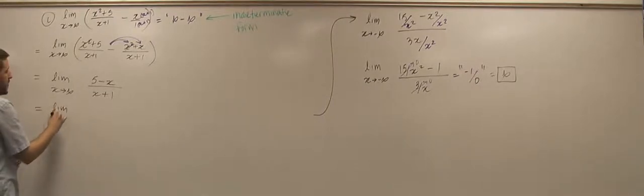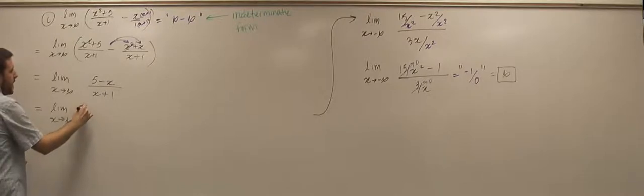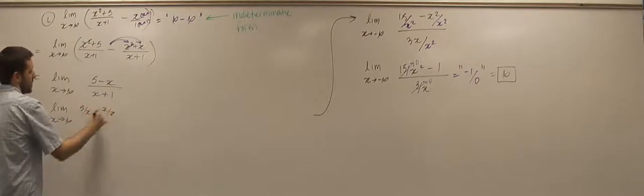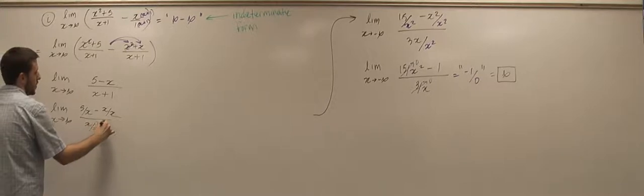So when you divide by your highest power, this is 5 over x minus x over x over x plus 1 over x.